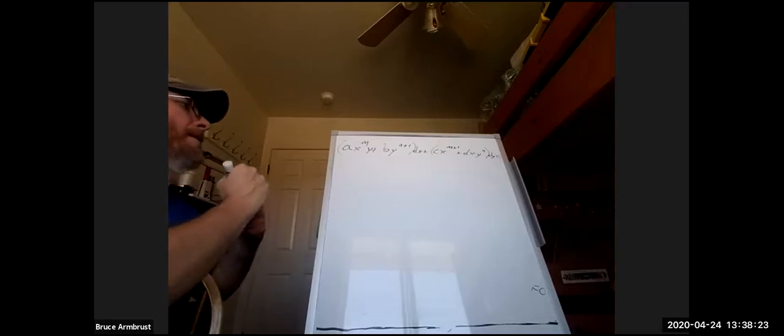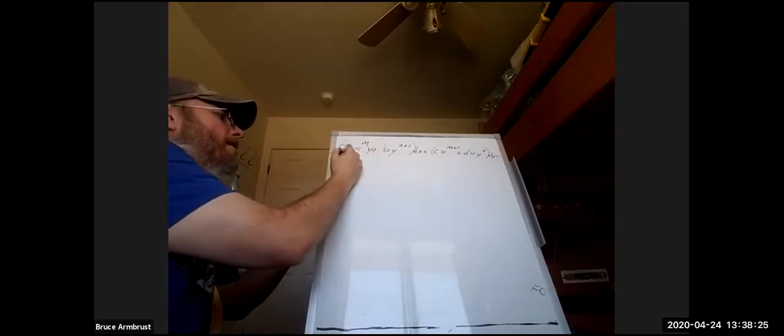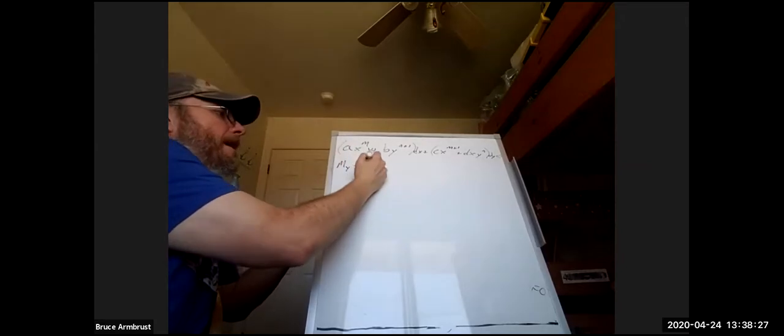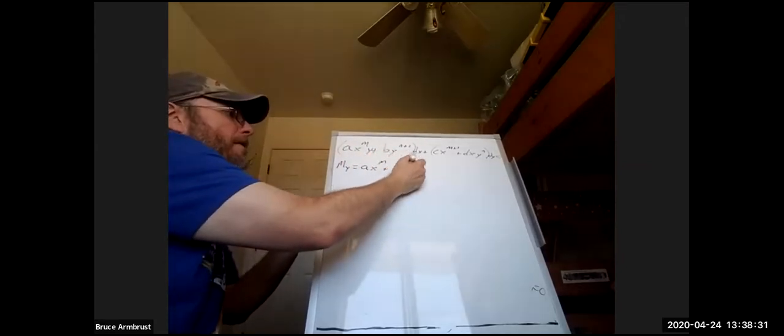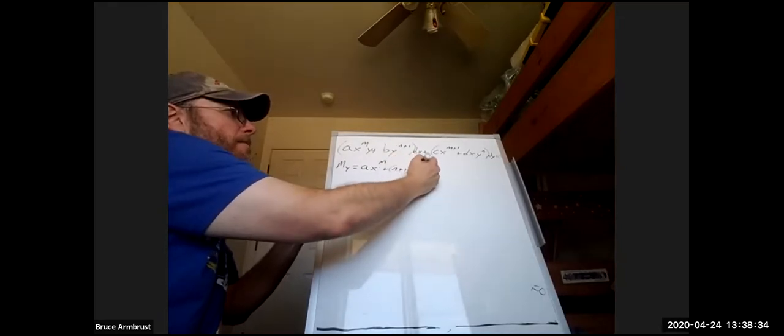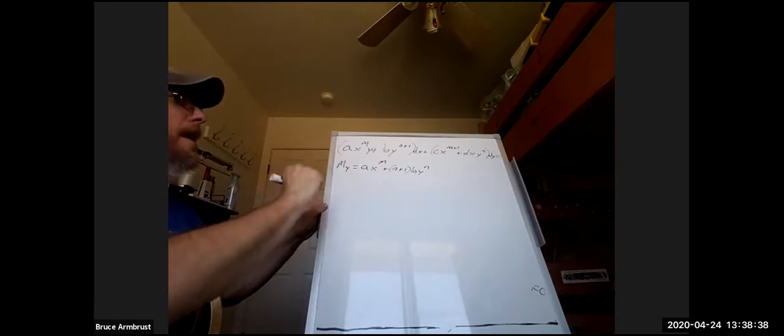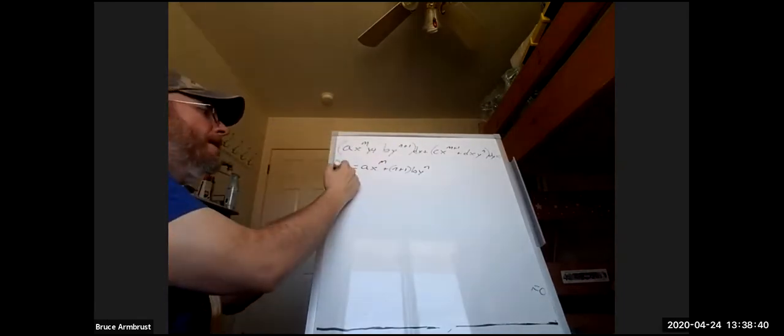So we're going to approach this the same way we always do, which is differentiate the first one with respect to y and the second one with respect to x. So M sub y, that's going to be a times x to the m plus 1 plus n times b y to the m. And then we'll do the same thing with the other one. We'll do N sub x.